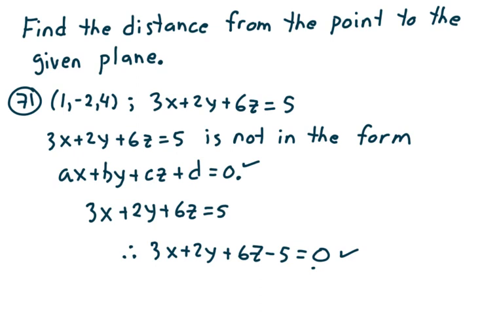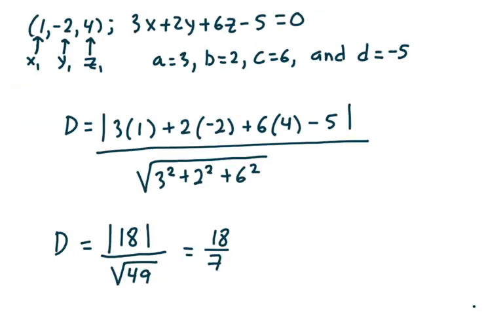Now, that is not in the form ax + by + cz + d = 0, so if I subtract 5 on both sides, I get 3x + 2y + 6z - 5 = 0. And so we are going to find the distance from the point (1, -2, 4) to the plane 3x + 2y + 6z - 5 = 0.